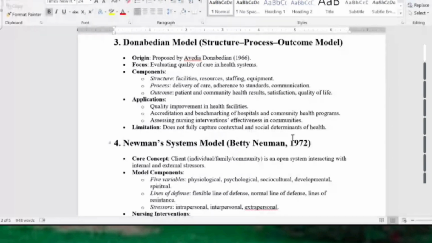One is about quality improvement in health facilities. Once this particular model is applied to the ladder or well, then it means we shall have quality improvement in health facilities. Number two, it also assists in accreditation and benchmarking of hospitals and community health programs. Remember, the accreditation is done by the government.